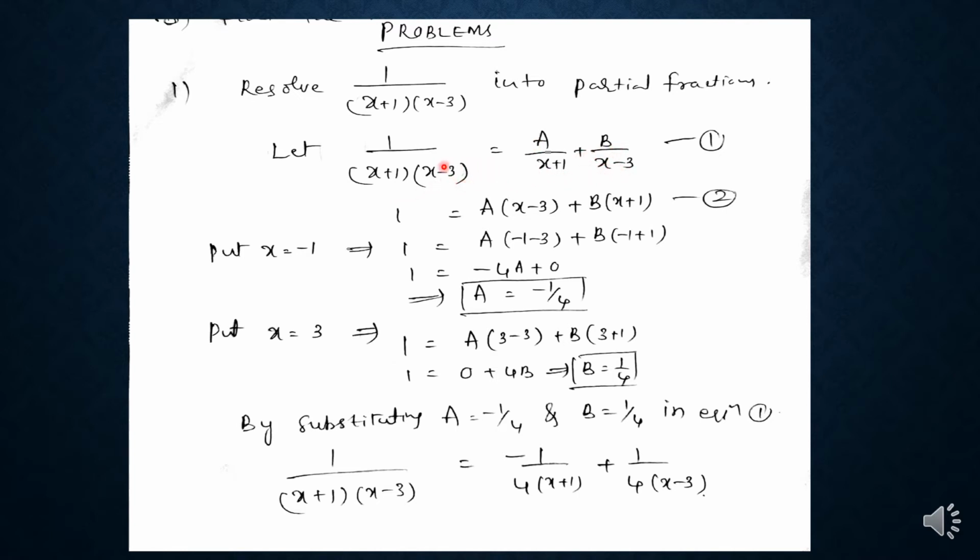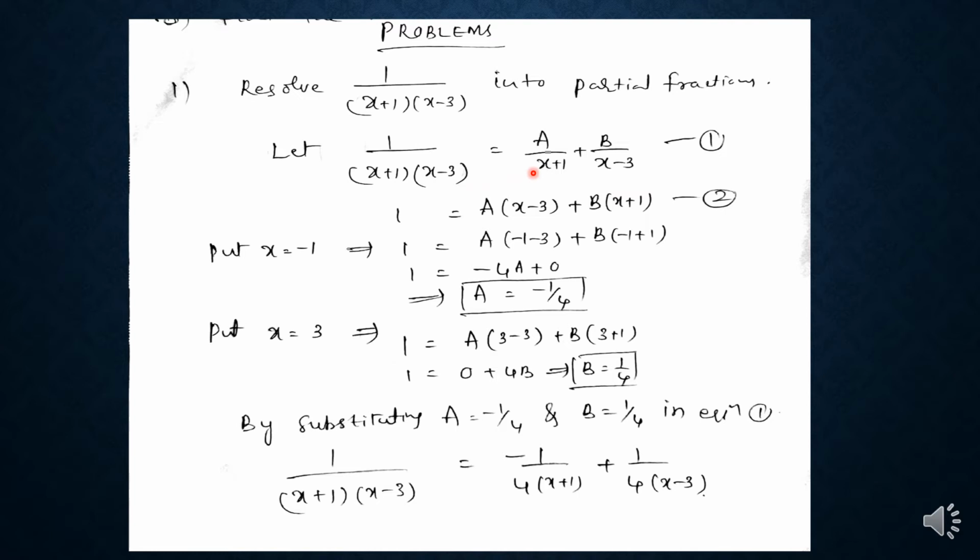By comparing LHS and RHS, we should determine the values of A and B. Then by substituting in these partial fractions, we find the partial fractions for the given single fraction. So 1 by (x plus 1) into (x minus 3) can be written as A by x plus 1 plus B by x minus 3.